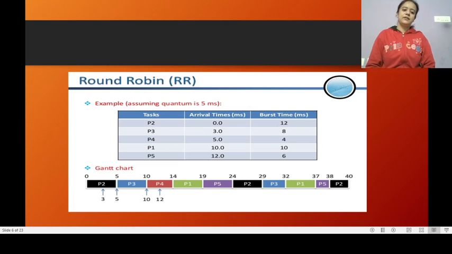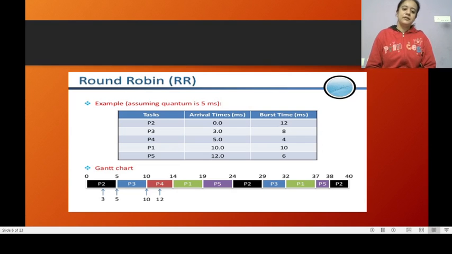Here process P2 arrived first. We are considering first in first out fashion. P2's CPU burst time is 12 milliseconds, but according to the round robin algorithm, each process will be given a time slice of 5. If it finishes within that 5 milliseconds, the next process is given a chance. If it is not finished within that CPU time, it will be forcefully preempted and given to another process.